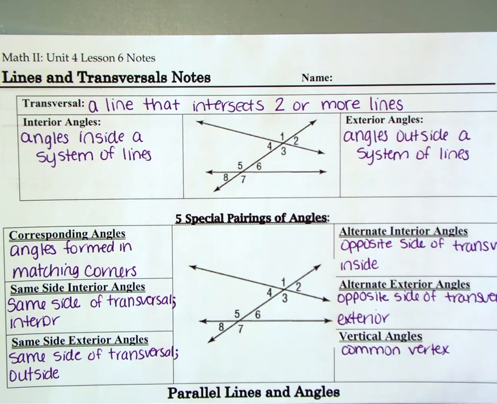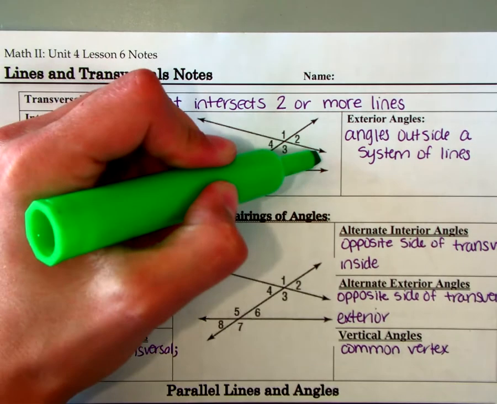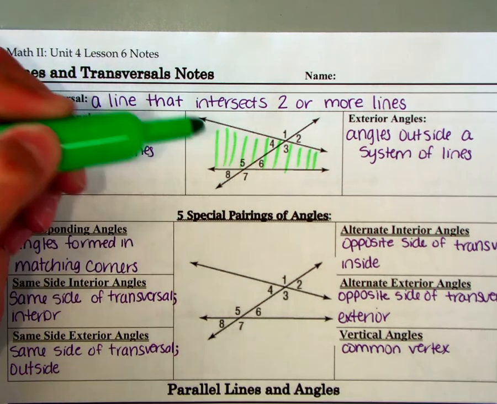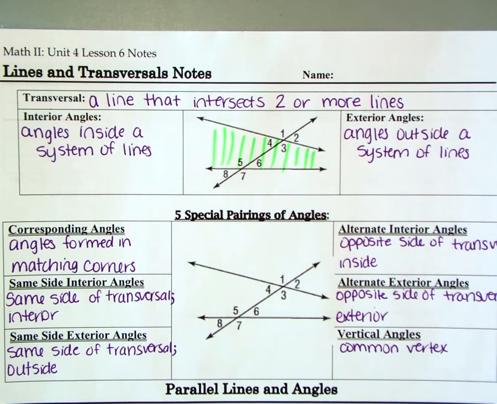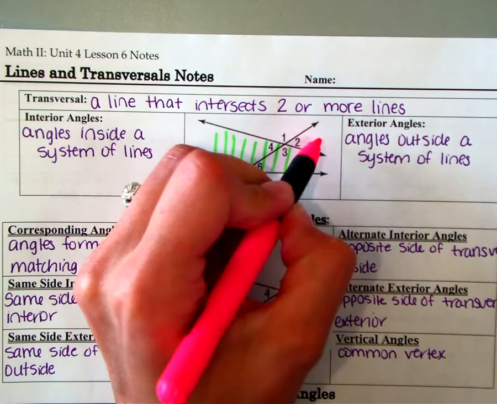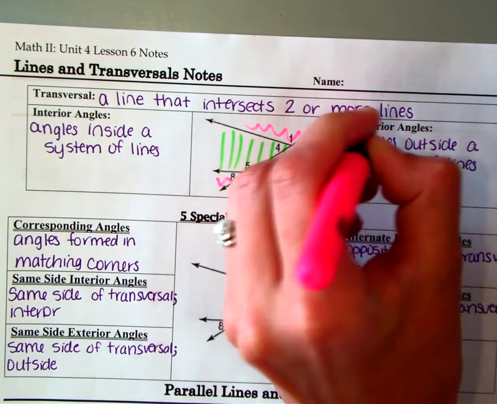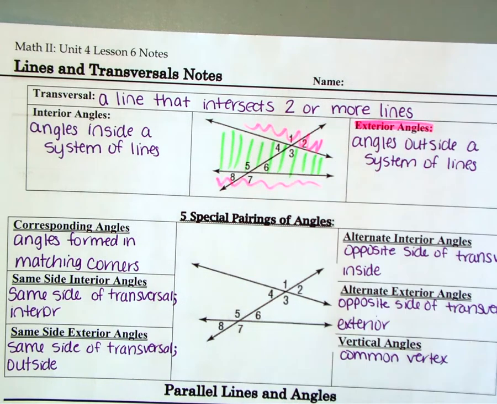If we have more than two lines being intersected by a transversal, we get interior and exterior angles. Interior angles are between the lines that are being intersected, and the exterior angles are the ones outside of those lines that are being intersected by the transversal. My exterior, I highlighted in pink.